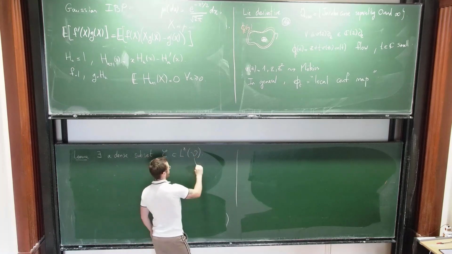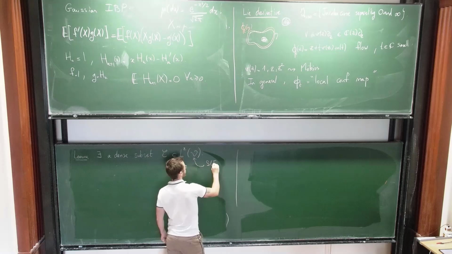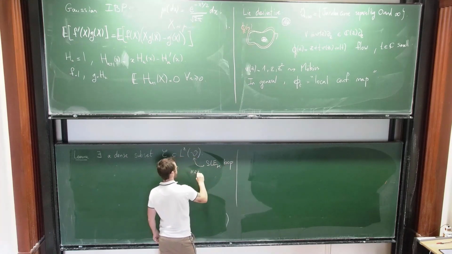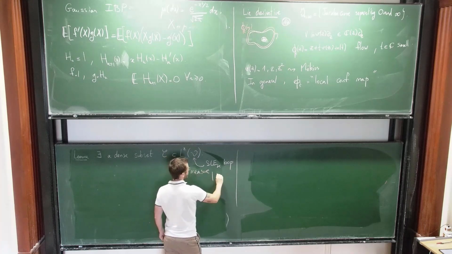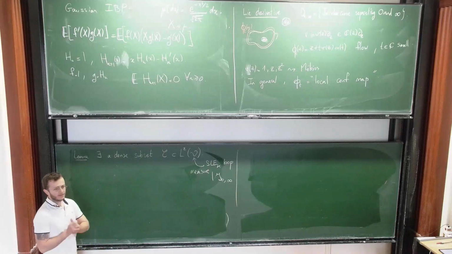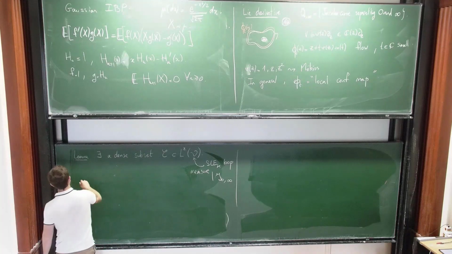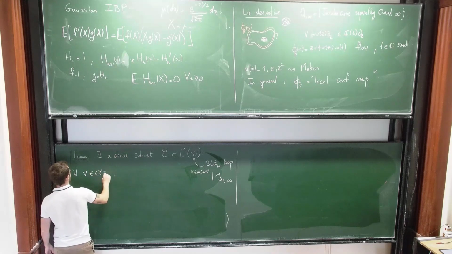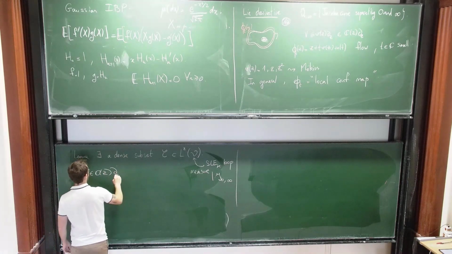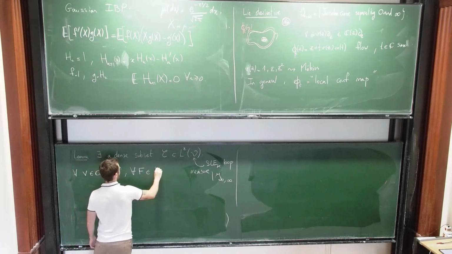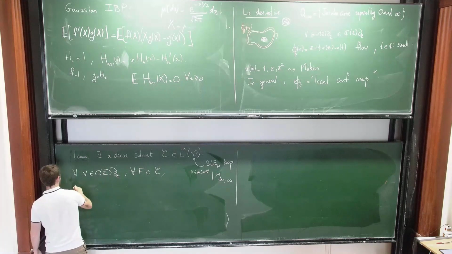So nu will be my SLE kappa loop measure restricted to J0 infinity. So there is a dense subset C of L2 of nu such that for all vector fields V and for all F in C and for all eta.